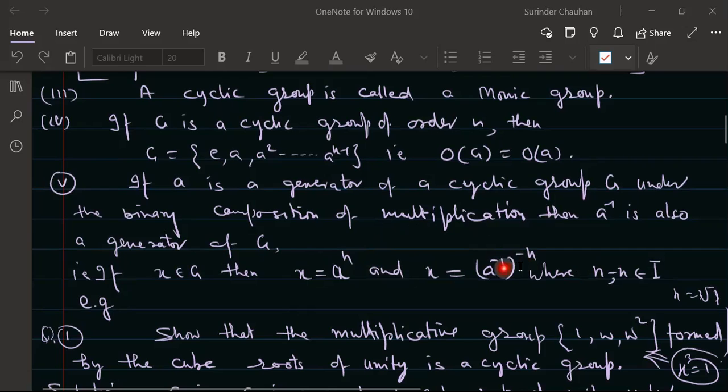It's not the case that the generator is unique, as the identity element of a group is. So a generator can be more than one.